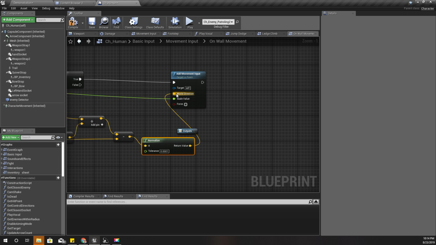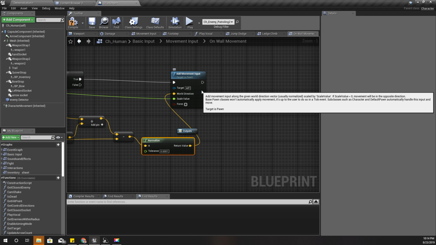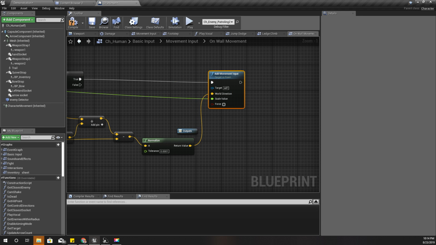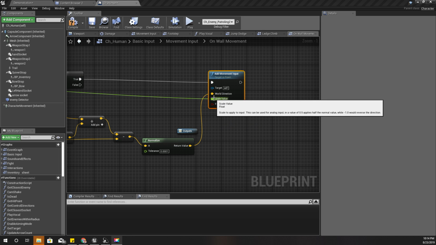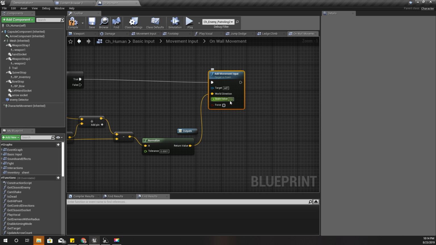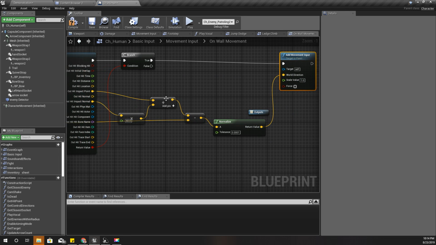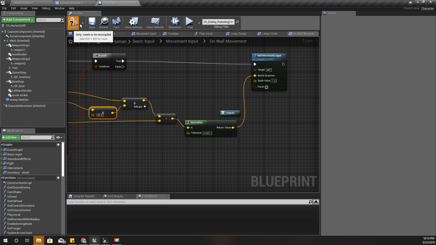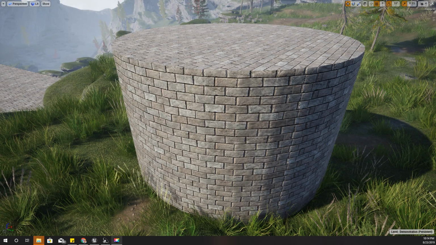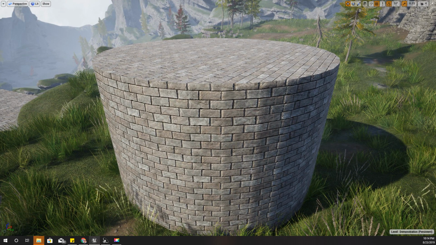And let's take that as the world direction. So in this case I should only use +1 because the direction of this vector will change. Okay, let's see what happens now.